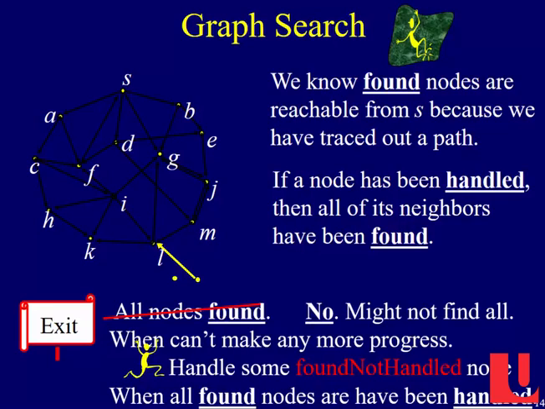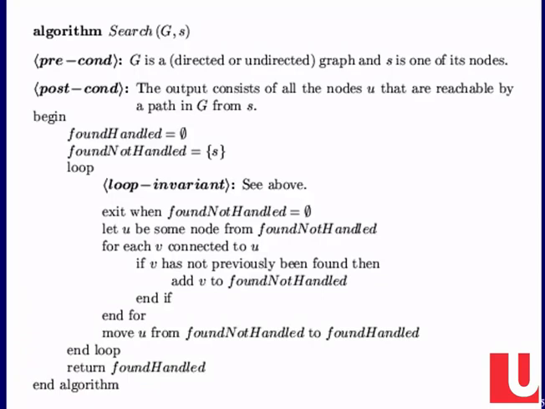So even though we're handling it, we're not finding anybody new. And so our algorithm grabs somebody who's found and not handled. When everybody who is found is handled, then the set found not handled is empty, and then we're stuck.